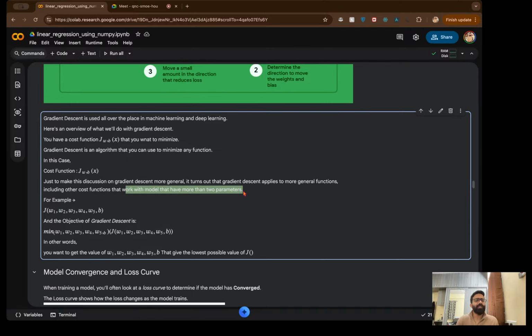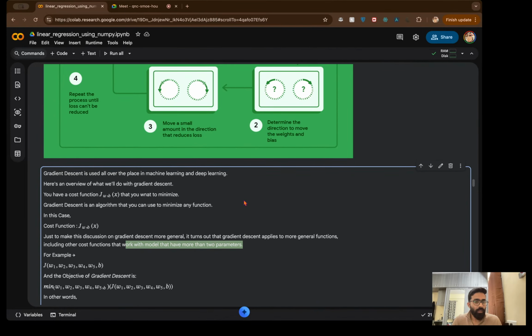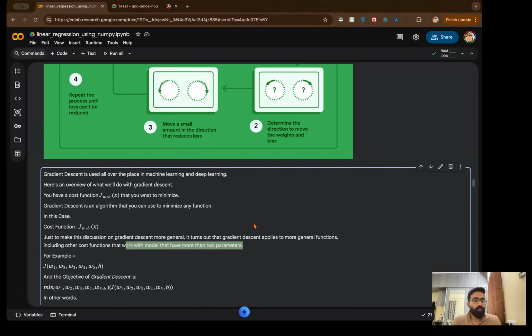What do I mean by more than 2 parameters? Here we are only considering y hat equals wx plus b, correct? Because we have only one input feature.